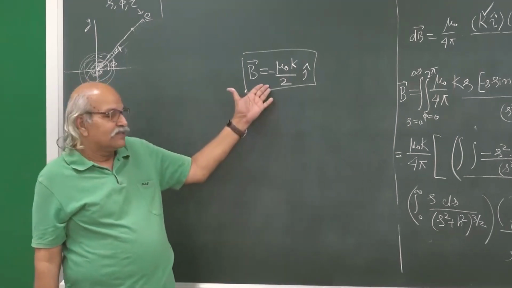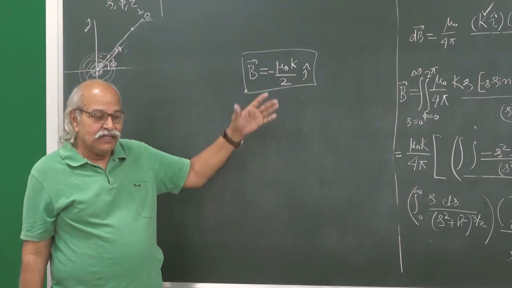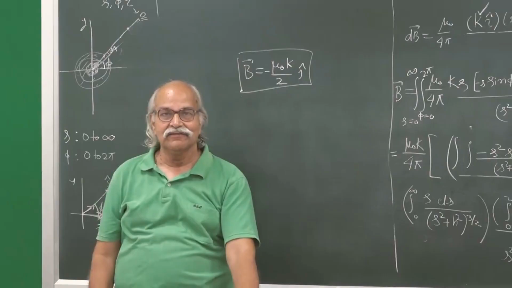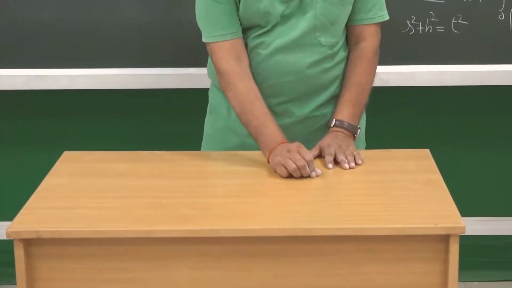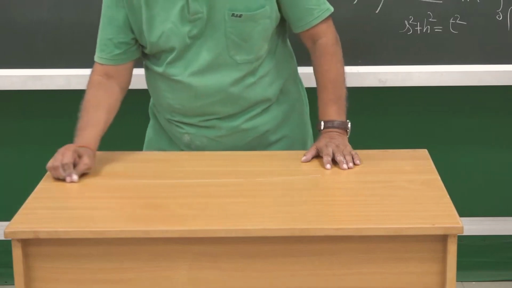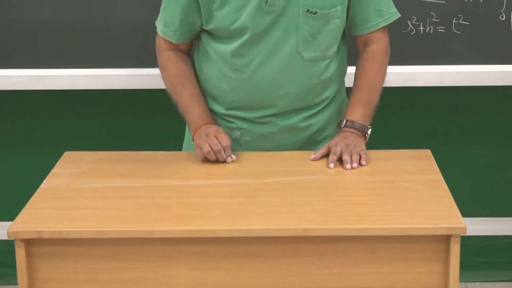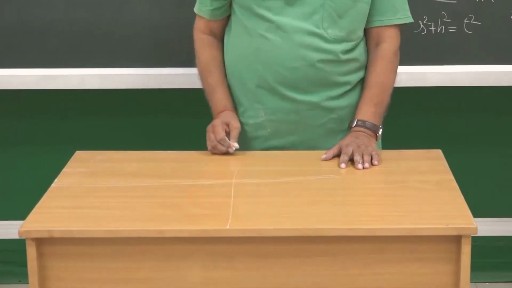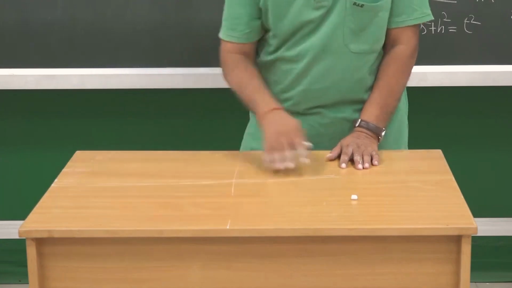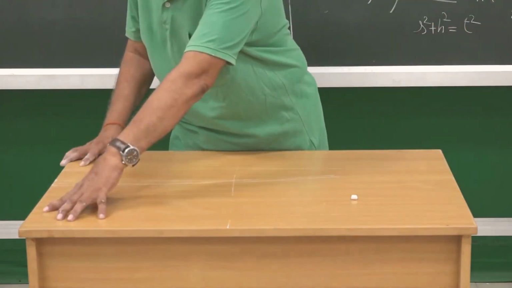Try to visualize this, and let me do it on the table. So, let us say you have the x axis, my left to right, this direction is the x axis, and then this direction is the y axis, and the entire current is going in the x direction, this way.